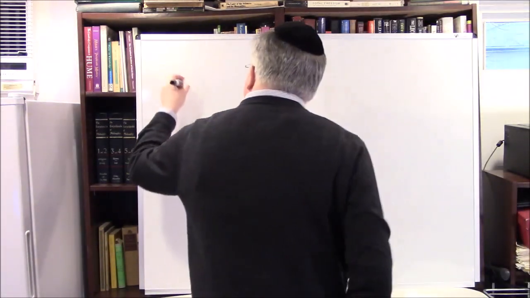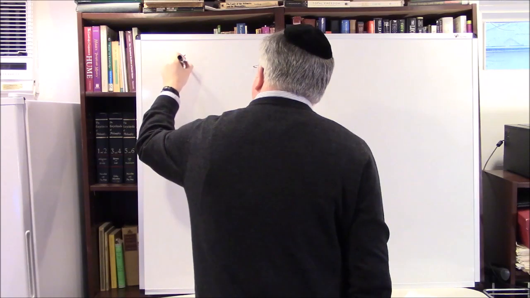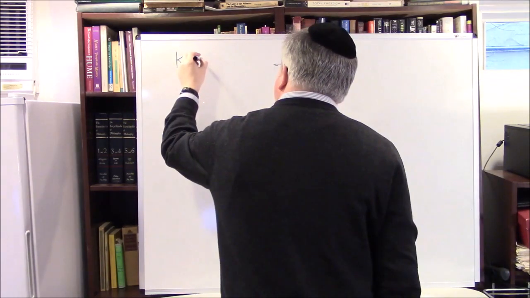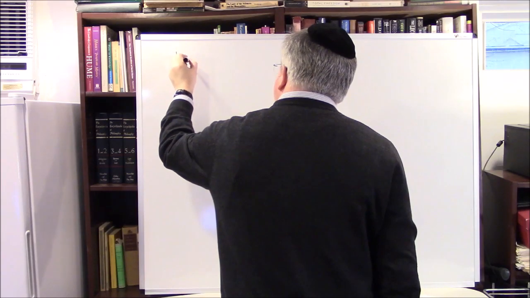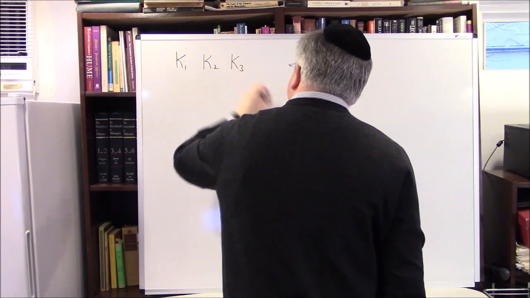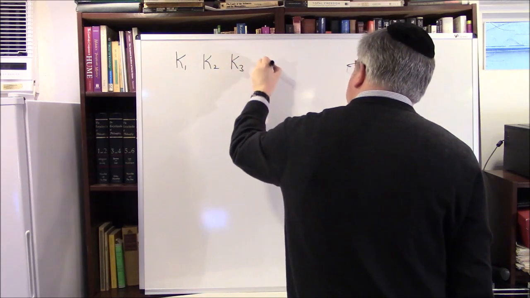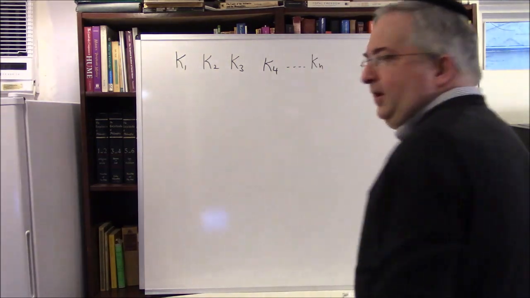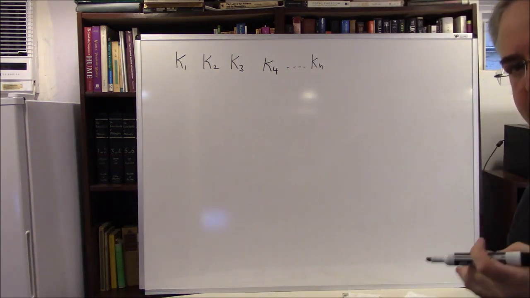Okay, and the idea is as follows. You have a bunch of words, which we'll call keys. Okay, you have a bunch of words, and you want to know how to set them up.